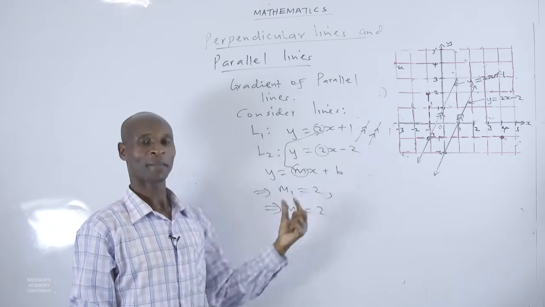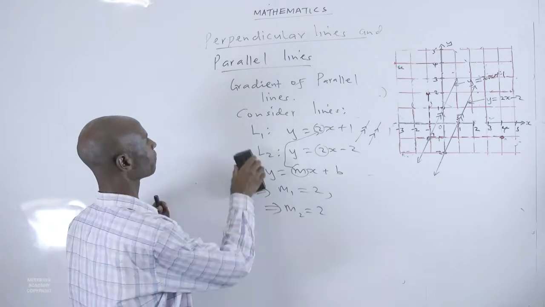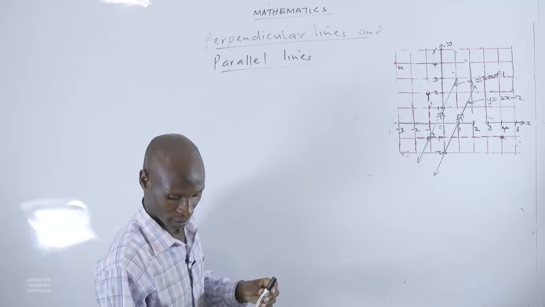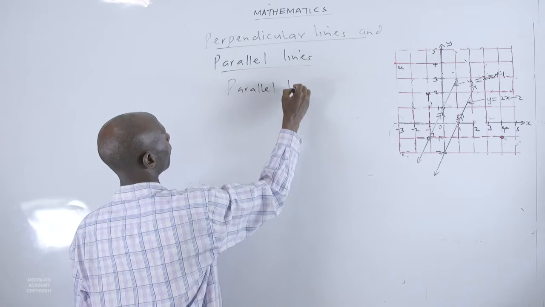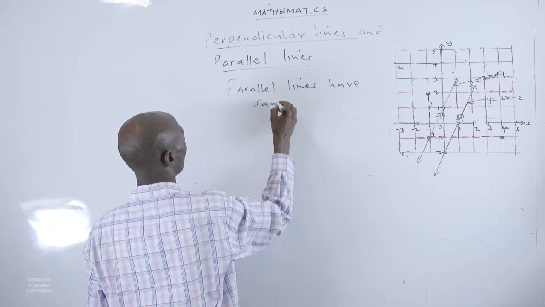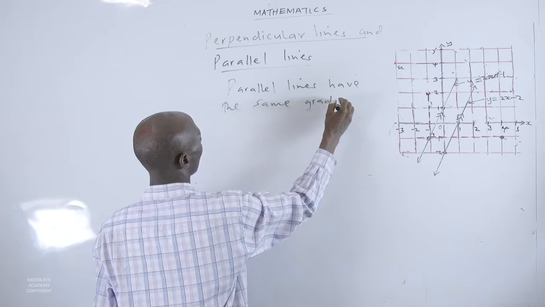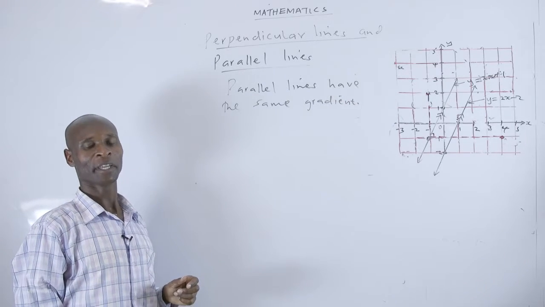So we can conclude by saying that parallel lines have the same gradient.